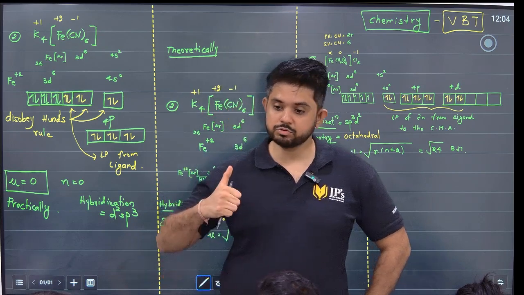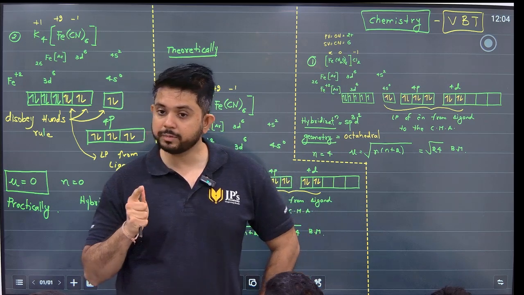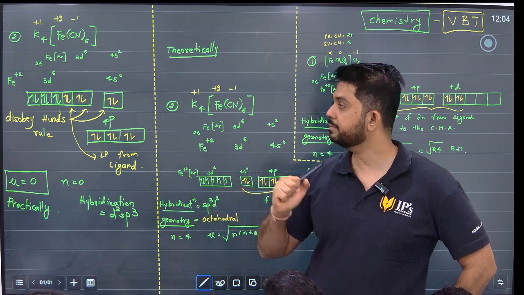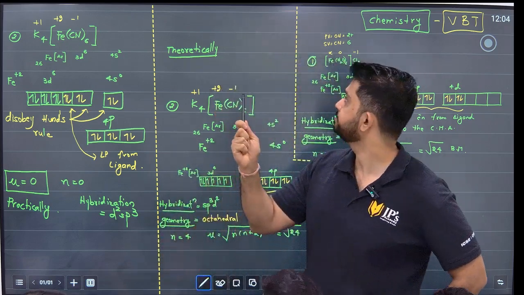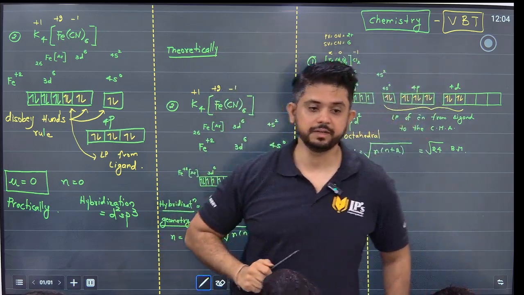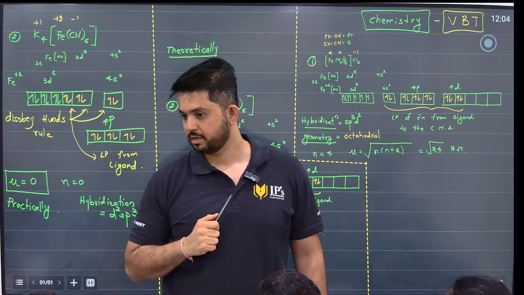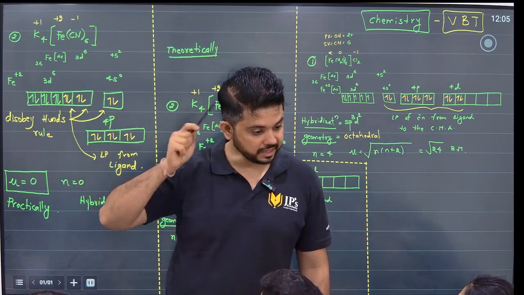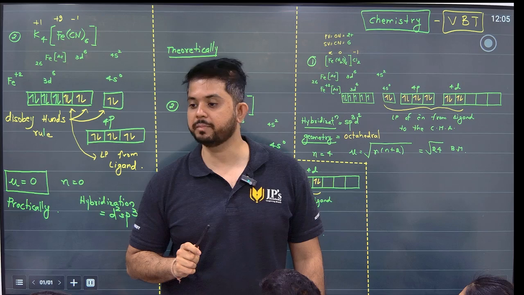But when we were using cyano, hexacyanoferrite, what magnetic moment did we get theoretically, but what are we getting experimentally? This couldn't be explained by VBT. Why are electrons getting paired against Hund's rule? This couldn't be explained by VBT.